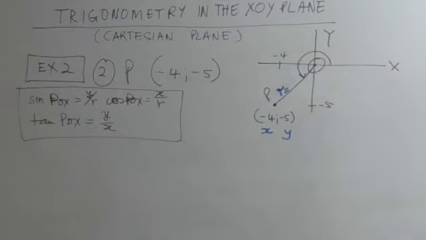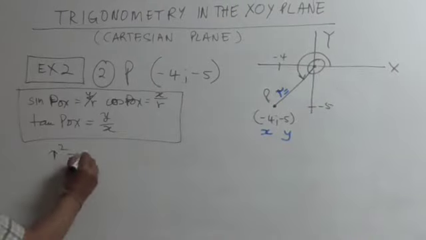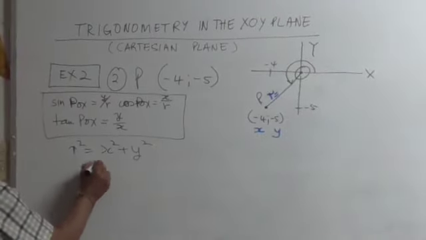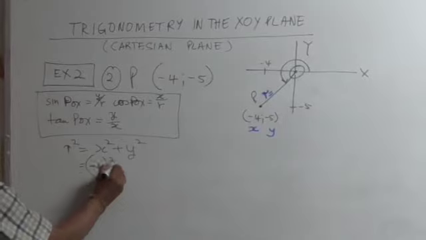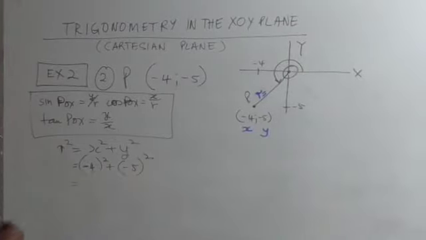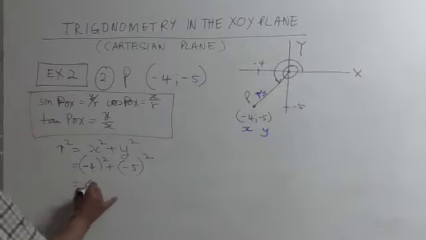Alright, so let's see what is the first question. Oh, firstly we have to find the radius even before we can start looking at the questions. Radius squared is equal to x squared plus y squared. That will give you (-4) squared, make sure it's in a bracket, plus (-5) all squared. 16 plus 25 gives 41.